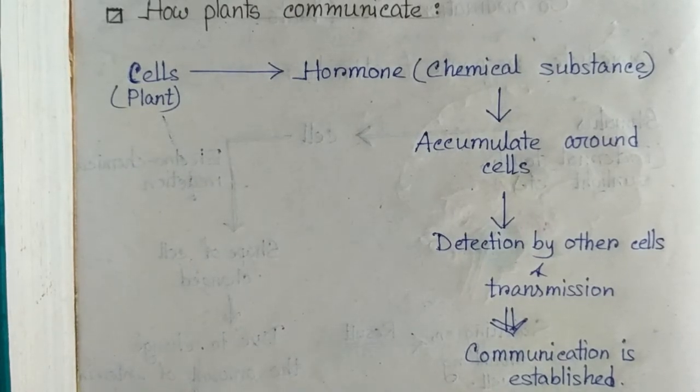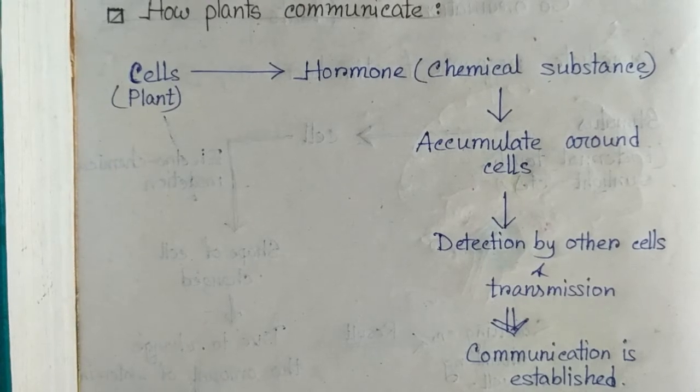So these hormones or chemical substances accumulate around the cell and then other cells detect them and transmit them also. This process is slower than chemical communication by nerves.